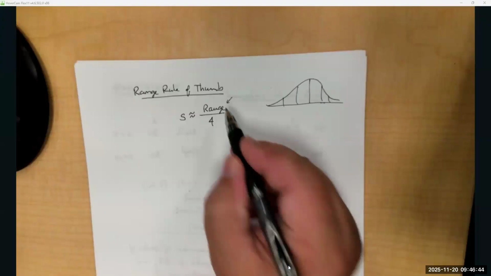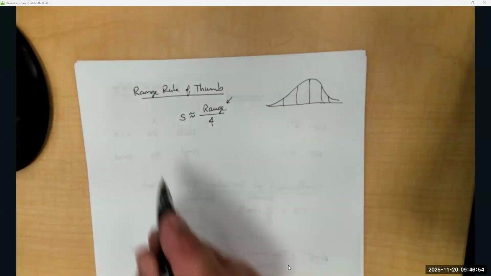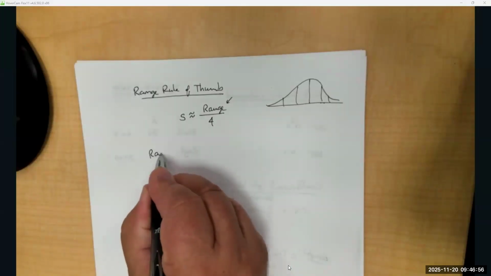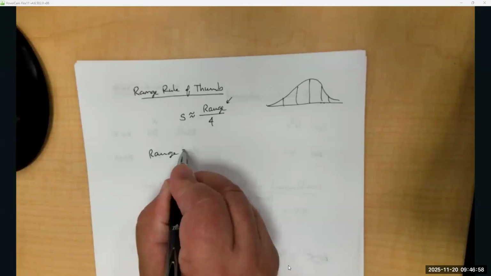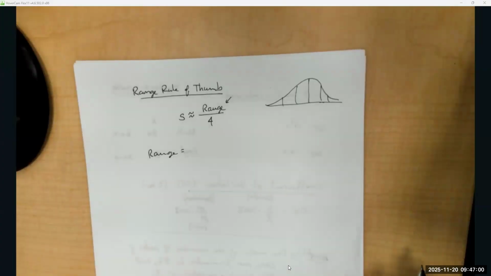The only thing that changes is the range. Remember, this is a rough rule of thumb. It's an approximation, so what you'll get there is a ballpark idea. First off, what is the range? What's the formula for the range?